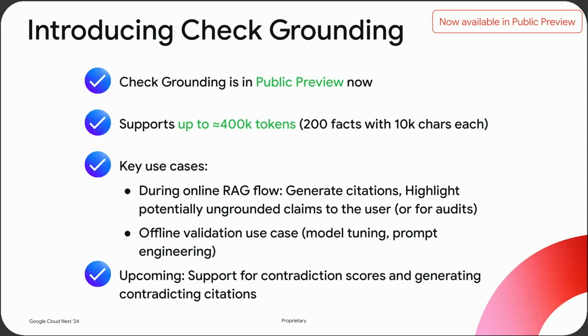Another use case that we also use a lot internally for model development is the offline validation use case. If you think about model tuning, prompt engineering, model configuration, you want to test your RAG application end to end, then the grounding, the factuality of the answer, is a really important aspect for you to optimize.